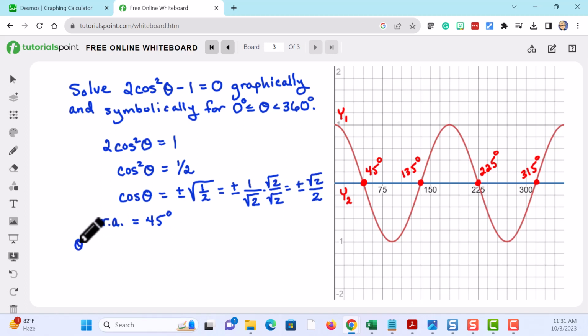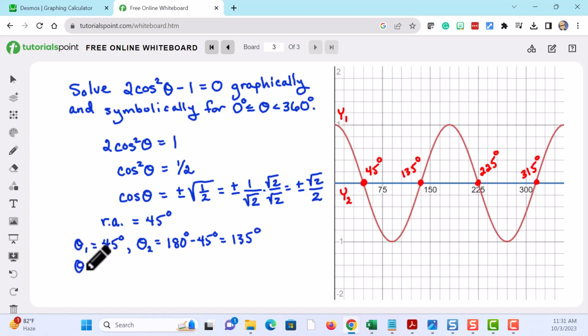So our first solution will be equal to 45 degrees. Our second solution will be 180 degrees minus 45 degrees is equal to 135 degrees.